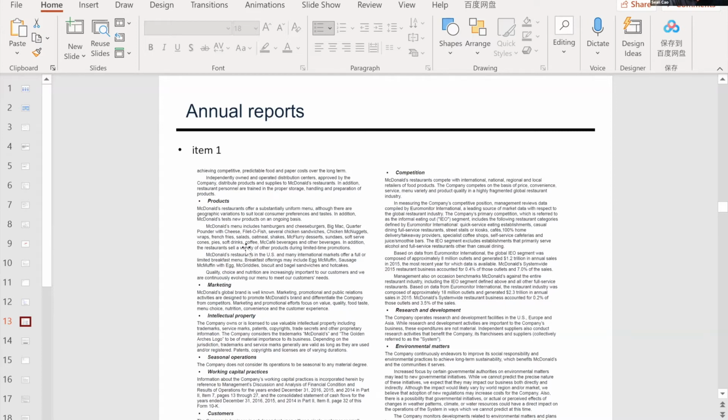Okay, like last year they didn't have wraps, but this year they have put the wraps on. So by comparing this year's textual product description with the previous product description, Victor can easily identify the new products McDonald's generated from the 10K report. So that is an example of how to use this data.